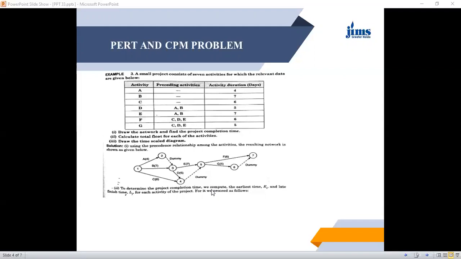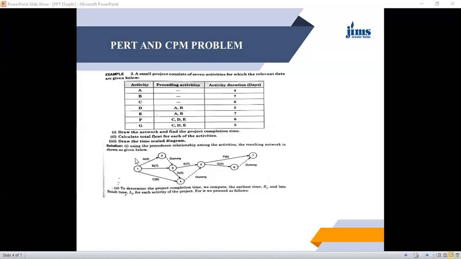Now, the first part is to calculate the network and find the project completion time. For calculating the project completion time, we first find out the earliest start time of each activity by the forward calculation method.